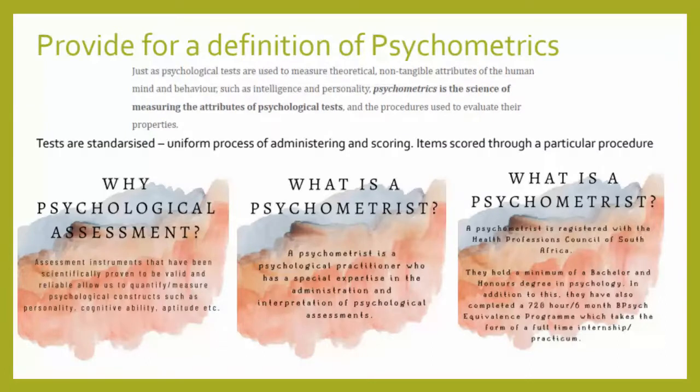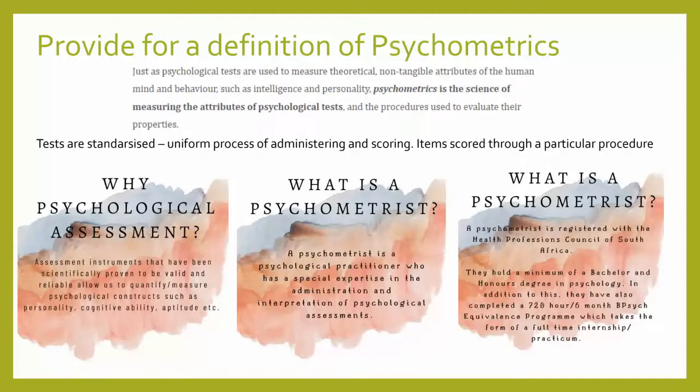It's the same test. If you go to an educational or a career counselor, they might give you a specific career profiling test to see what occupation you might be interested in. A number of psychologists or career counselors would use exactly the same test. It's a uniform standardized test.